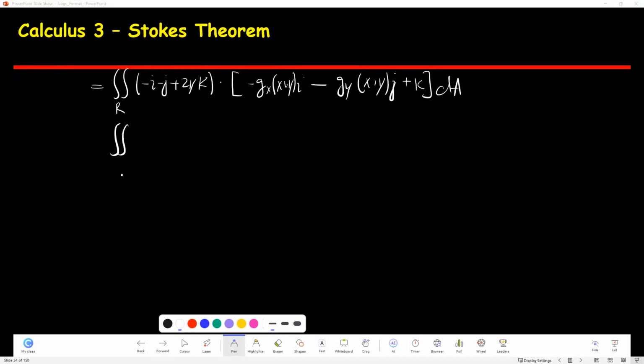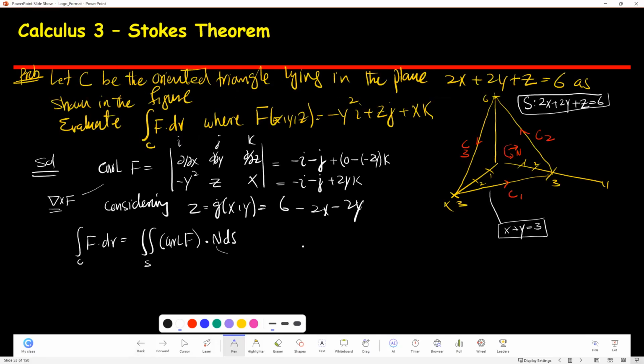And I'm going to see if I can substitute the value now. Minus i minus j plus 2y k. And now this one is my 2i 2j. I'm going to take the unit vector for 2i 2j plus k.